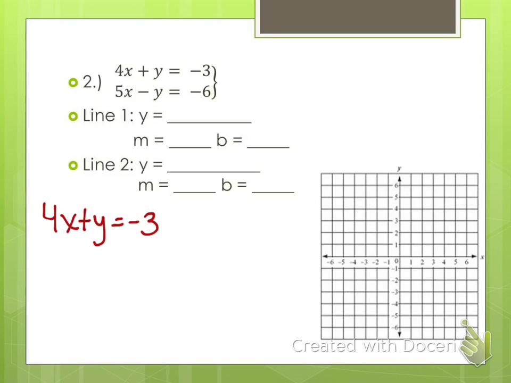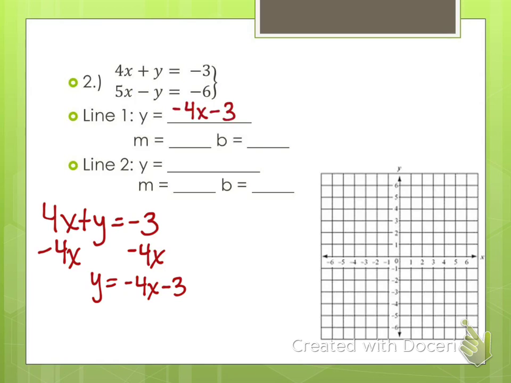Ryan, what'd you do? I just subtracted 4x. Beautiful. Subtract the 4x. So we get y equals negative 4x minus 3. That's all we had to do to get y alone.